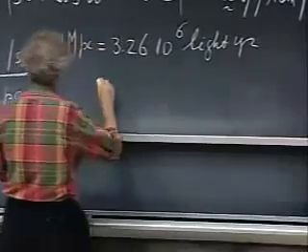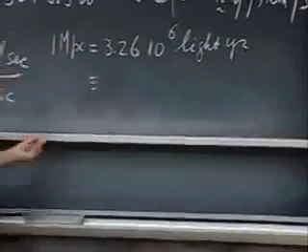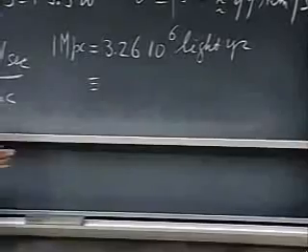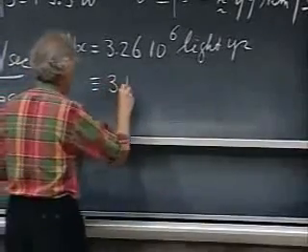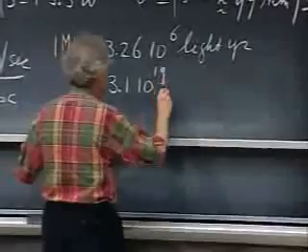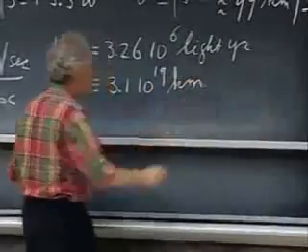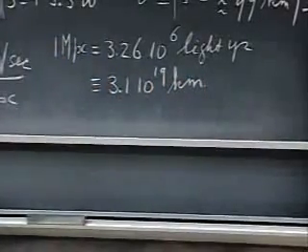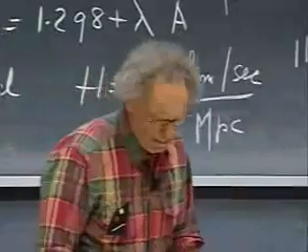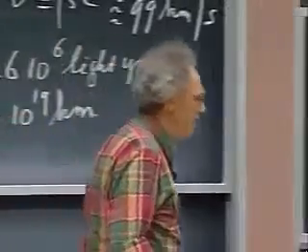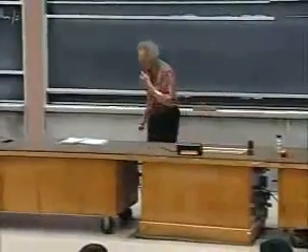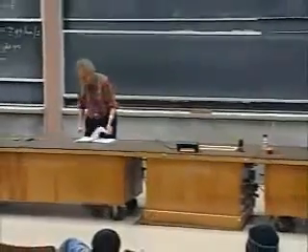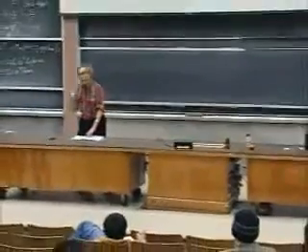And if you want that in kilometers, it's not an unreasonable question, it's about 3.1 times 10 to the 19 kilometers. So I could calculate for a specific galaxy that I have in mind, I can calculate the distance if I know the redshift.